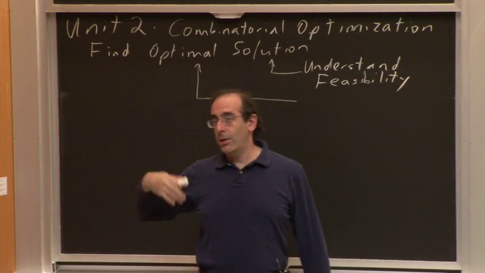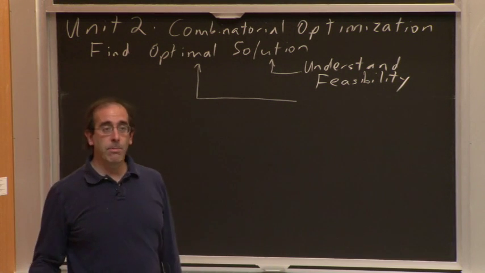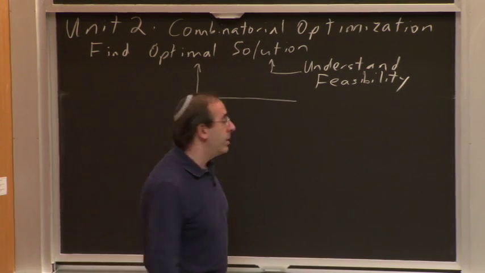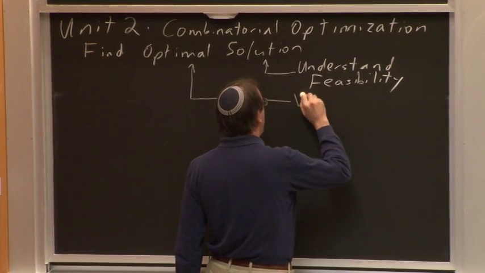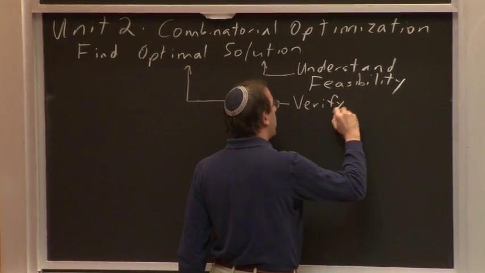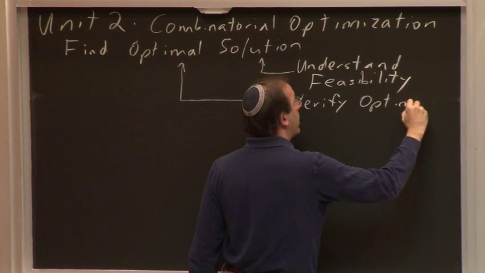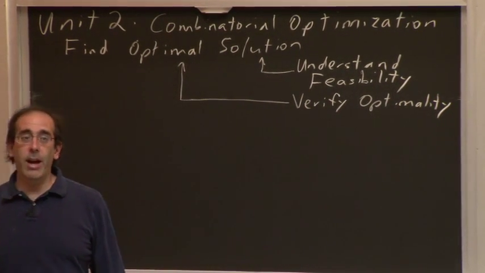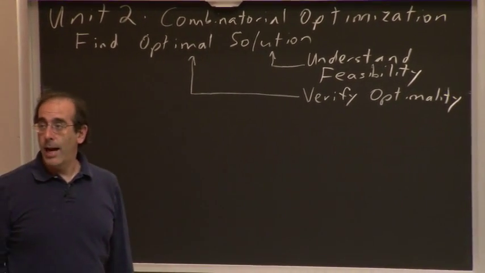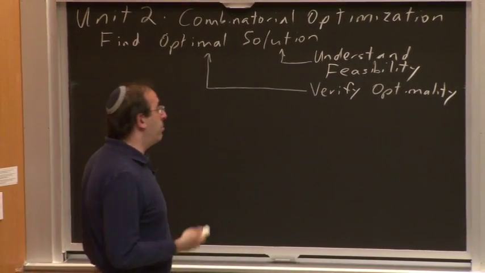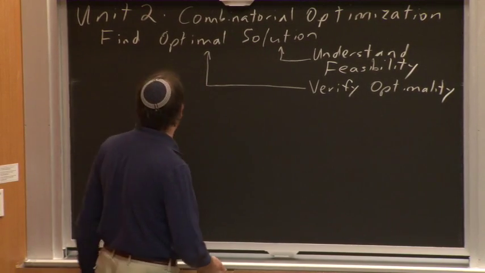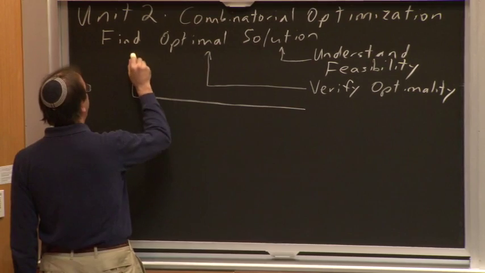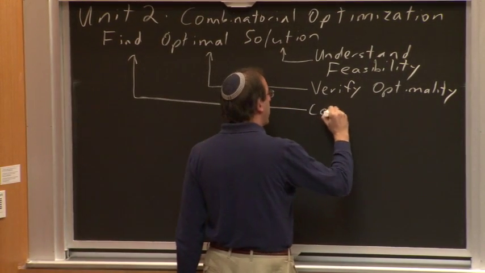You don't jump straight to coming up with an algorithm for finding the optimum solution, but there's often a good waypoint of saying, can you verify the optimality of a proposed solution? So if somebody gives you a solution and says, I think this is the optimal one, can you tell? Can you either find a proof that it is or a demonstration that it isn't? That's often easier than the final step of actually constructing the optimum solution.